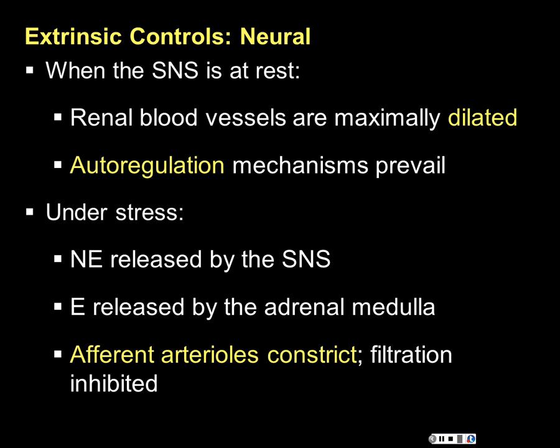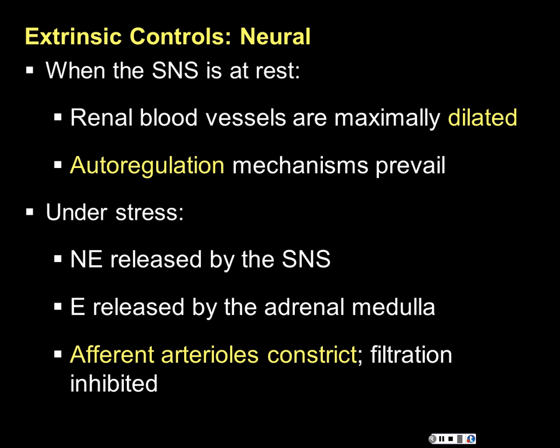Okay, so let me restate this. This is when the sympathetic nervous system is at rest, or maybe a better way to say that is when what? When the parasympathetic nervous system is prevailing. So when you're resting and digesting, the renal autoregulation, intrinsic mechanism prevails.